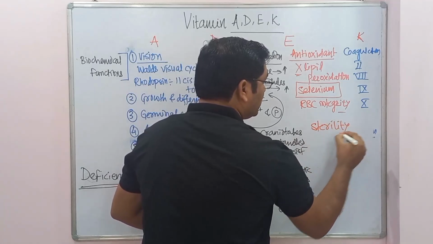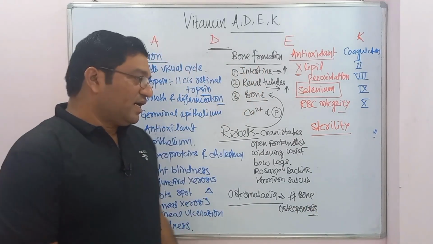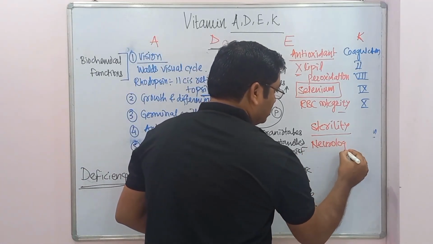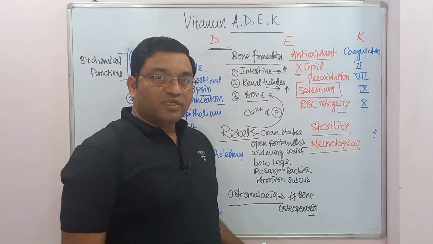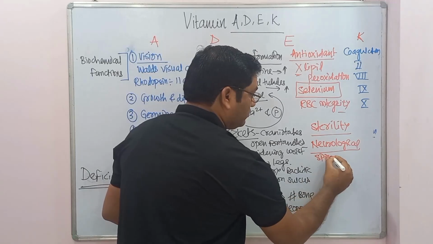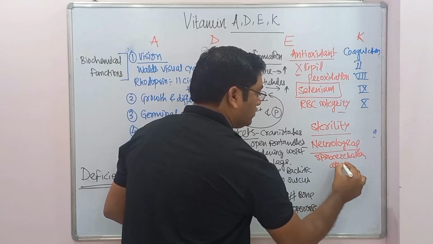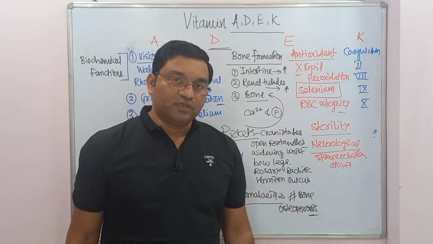Sterility, as it is important in maintenance of germinal epithelium, the deficiency causes sterility. Neurological symptoms are mainly spinocerebellar ataxia. Also, it causes neuropathy, nephropathy, and retinopathy.